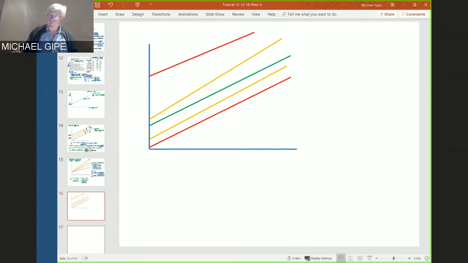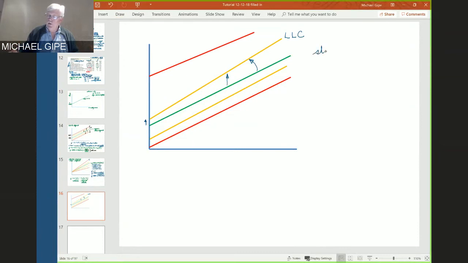So for example, if we start with the green regression line and we have an LLC, we will shift it up essentially by the amount at the y-axis, and we will rotate it, that is, change the slope as well.